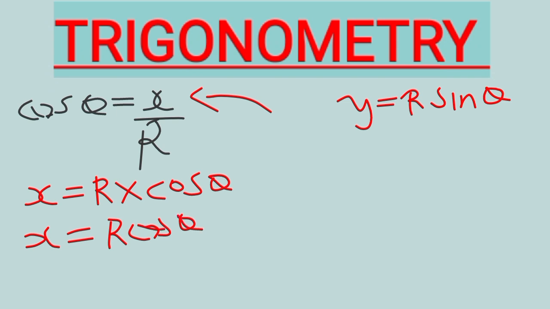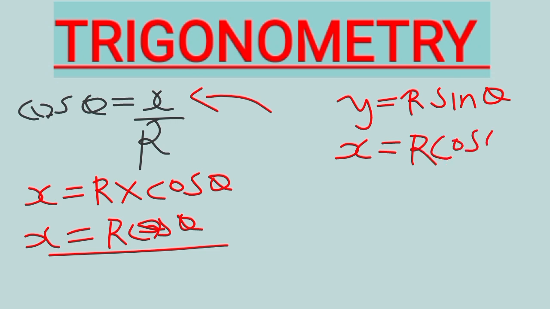So this is also what we are getting if we multiply r with cos theta. So let us put it here as well: x will be equal to r cos theta.